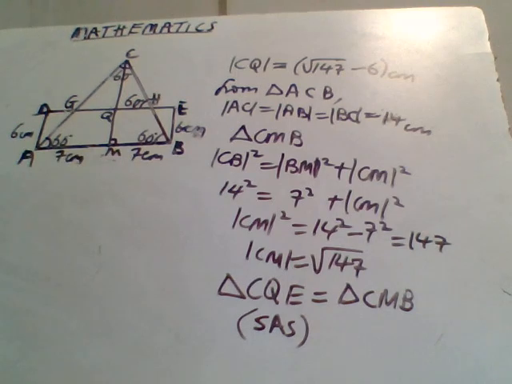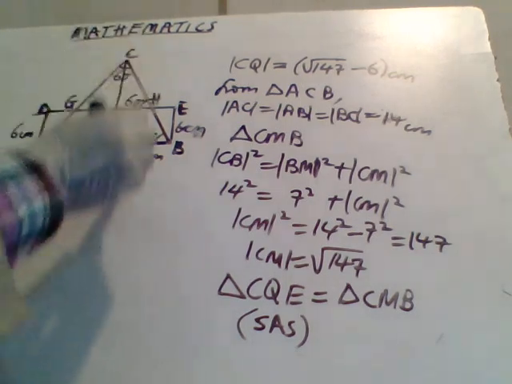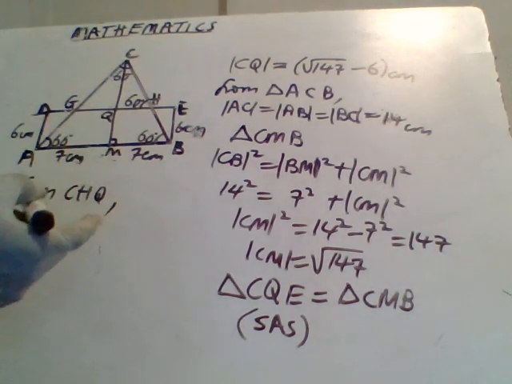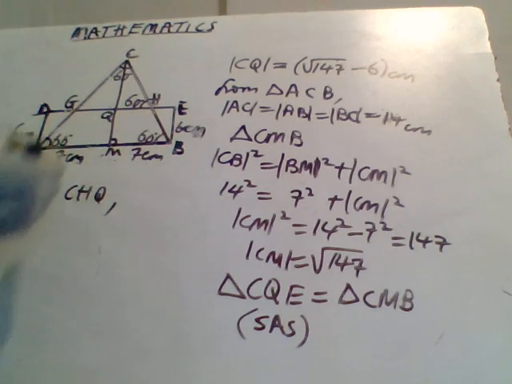Alright, so let's proceed. Now we can use this concept to find the side of the triangle. So from triangle CHQ, we can use that concept to find this length. Can we? So let's do that.